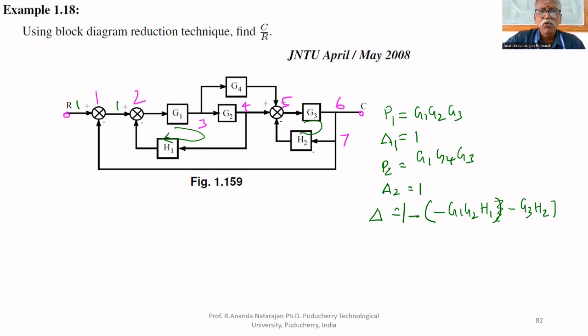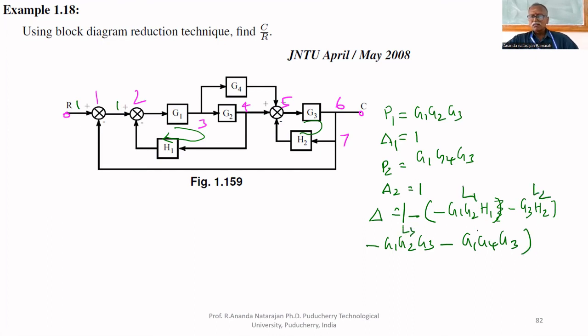Any other loops? One more loop is there. That is minus G1, G2, G3 minus G1, G4, G3. 4 loops are there. This is L1, this is L2, this is L3 and L4.